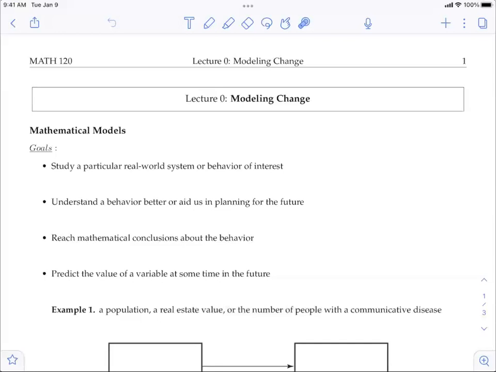So for example, for COVID-19 or any infectious disease, we build up a mathematical model. Later on, we're going to learn about something called the SIR models. That's the system of differential equations to help understand the spread of the infectious disease.